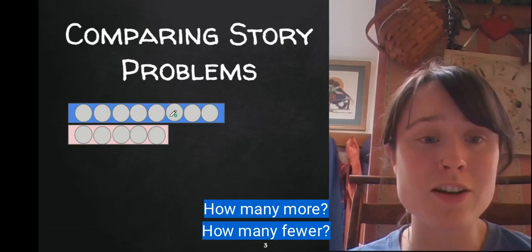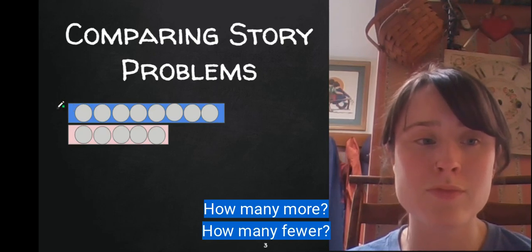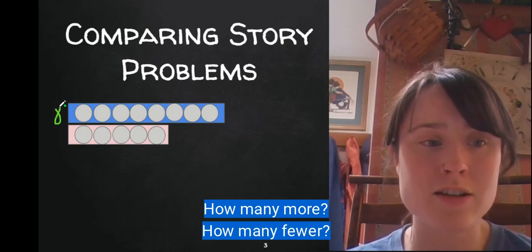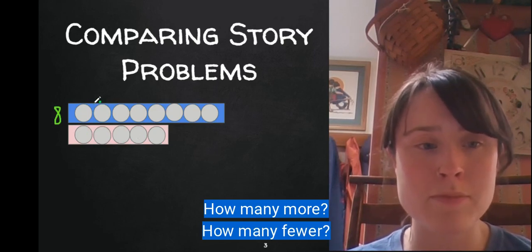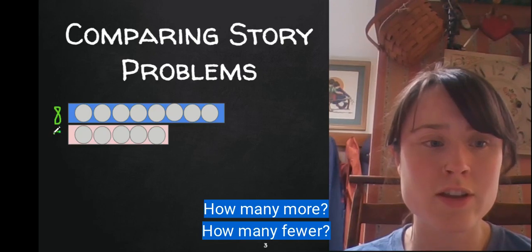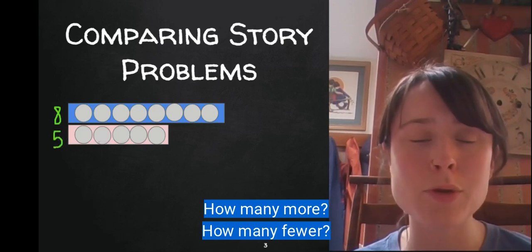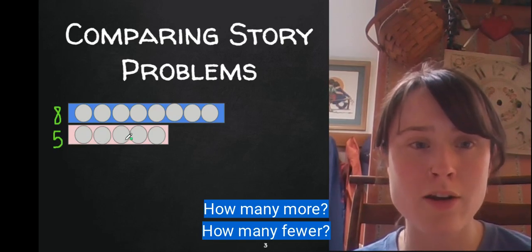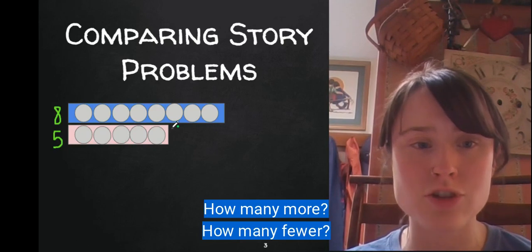So how many are in the first bar on top? That's right, there's 8. How many are in the smaller bar on the bottom? Good, there's 5. So if we want to know how many more circles are in the blue bar than the pink bar, that means we're looking for the part that's different or the part that's extra.